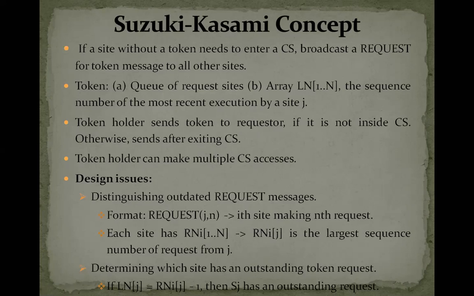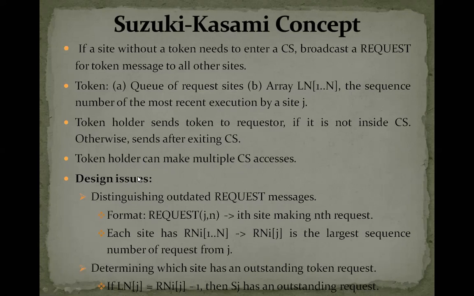If it is in the critical section, it will hold on and put all the requesters in a queue. But once it exits from the critical section, only then it passes the token out of the queue. Whomsoever has requested first will be given top priority, and the token is given to them. Once a particular site receives the token, it becomes the token holder. And this token holder can make multiple critical section accesses.